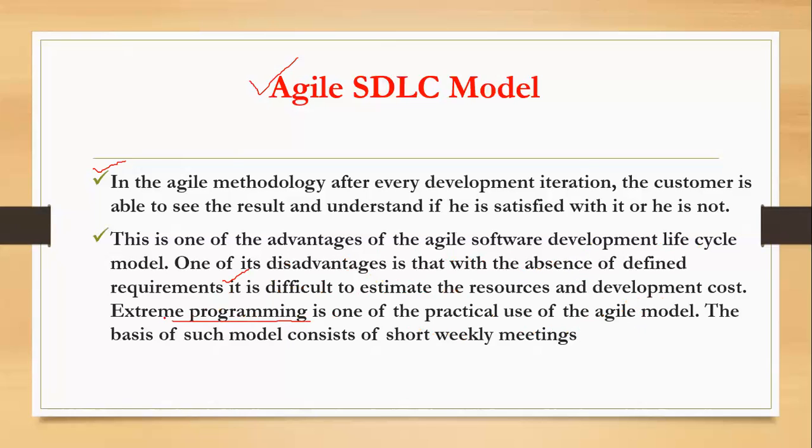You have to be an excellent programmer, and the basis of such a model consists of short weekly meetings. On a weekly basis, you have to meet with your managers and supervisors.